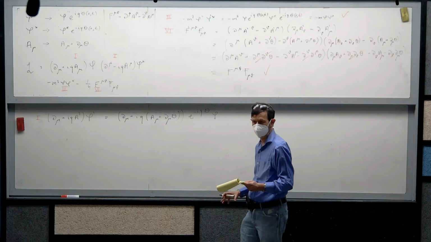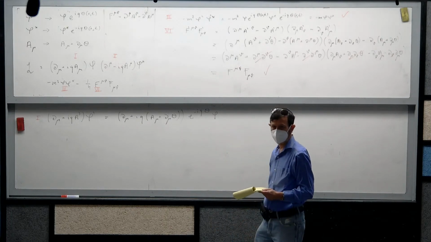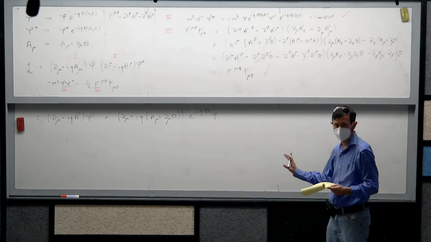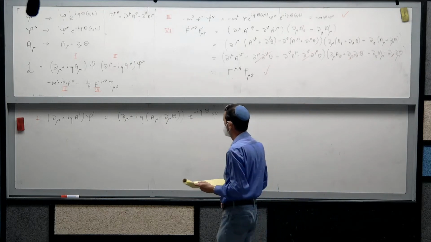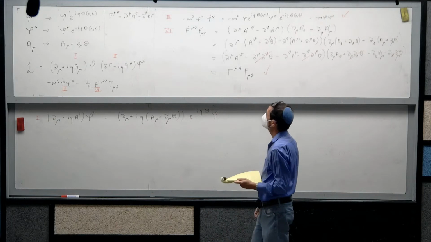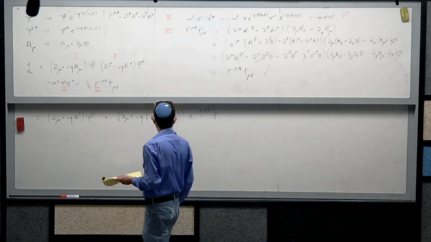Okay? Again, just replacing phi and a by phi prime a prime and writing down. The exponent is supposed to be with a plus sign. Indeed. Okay.